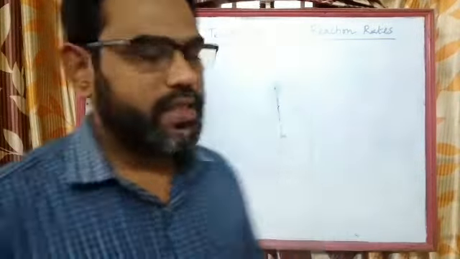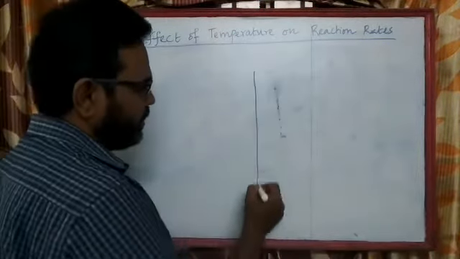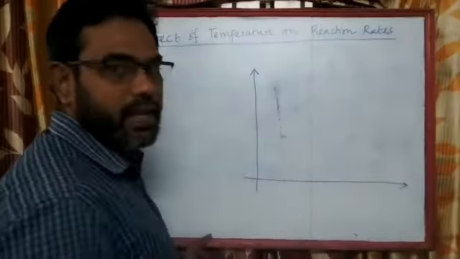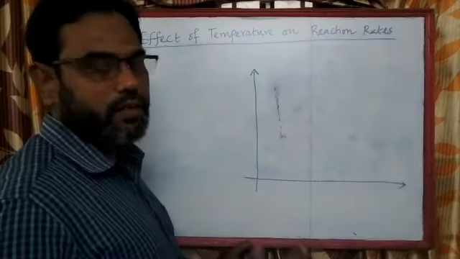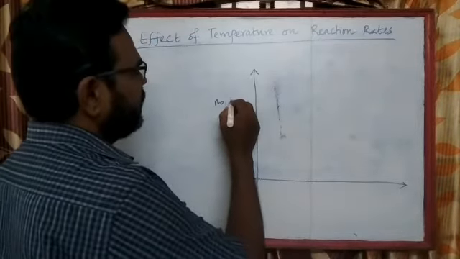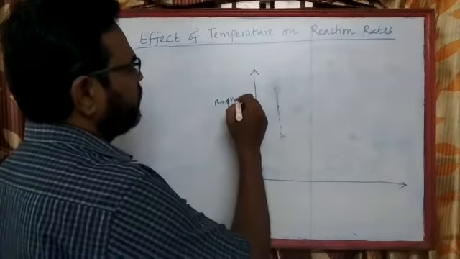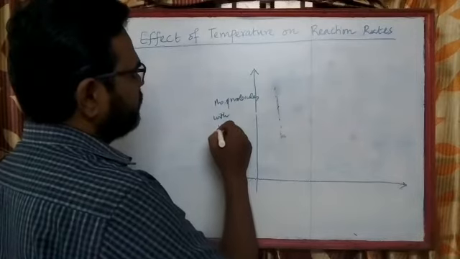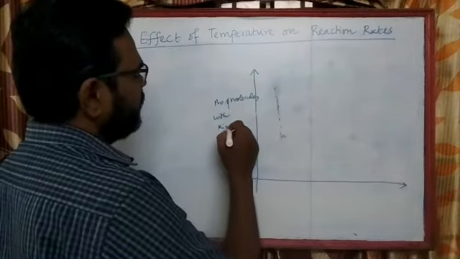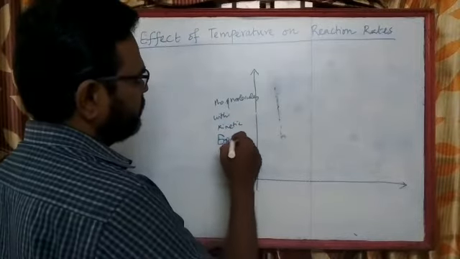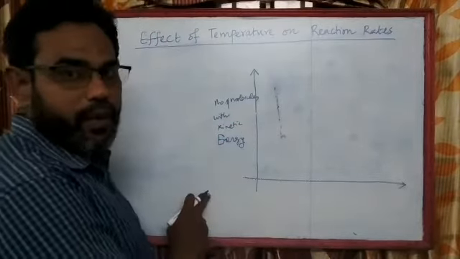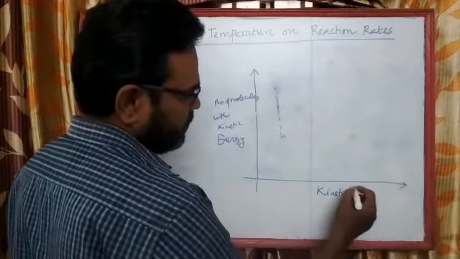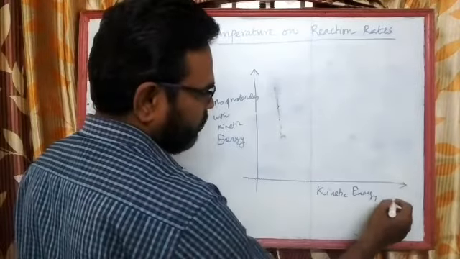There is a correlation between the number of molecules with appropriate kinetic energy and the kinetic energy of the molecule. So in the y-axis I take the number of molecules with minimum or appropriate kinetic energy, and in the x-axis I take the kinetic energy of molecules.